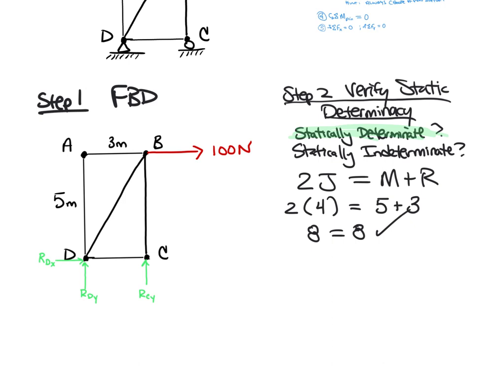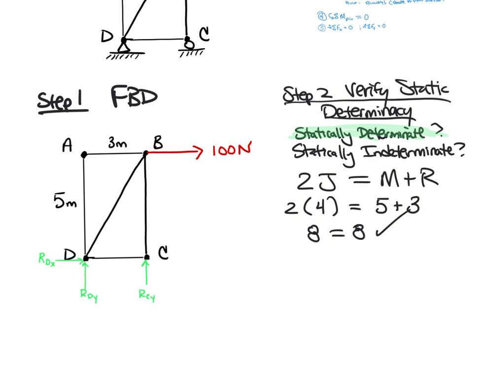Okay? So the first 2 steps of solving external forces on a truss should be, at some point for you, pretty simple and straightforward. Redraw the truss, replace the supports with reaction forces, and then based on that information from the free body diagram, check 2J equals M plus R. That's step 1 and step 2.